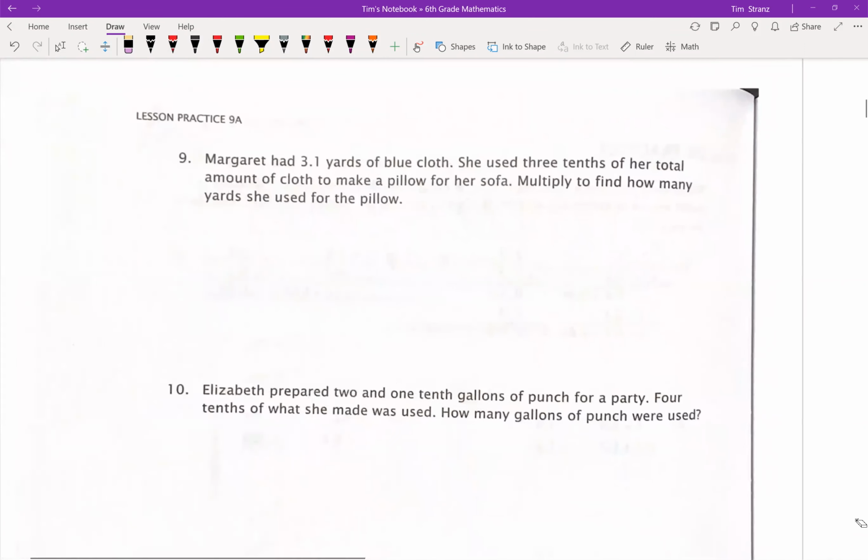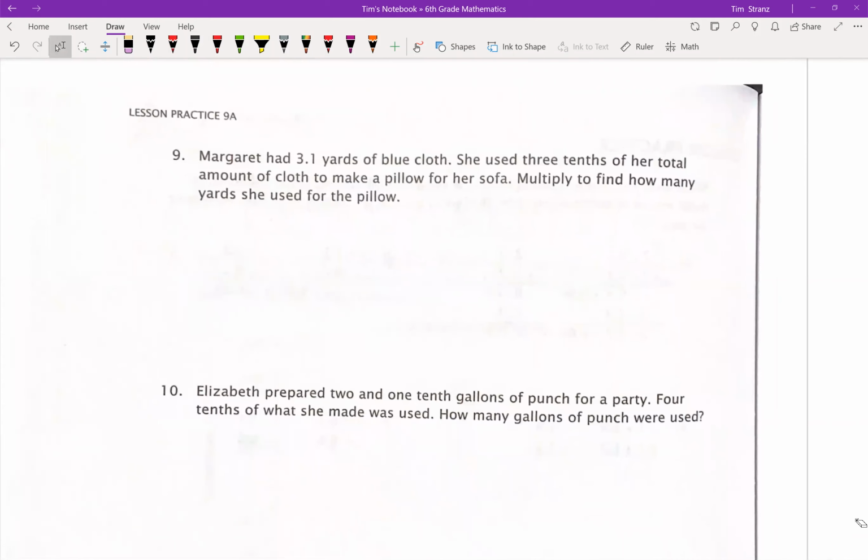Okay, let's go down to these, and I already have the answer in them. Let's do it again. So Margaret had 3.1 yards of blue cloth. She used 3/10 of, keyword there, of her total amount of cloth to make a pillow for her sofa. Multiply to find out how many yards she used. Remember, of always means multiplication. When you see this, you need to multiply. What is 3/10 written as a decimal?